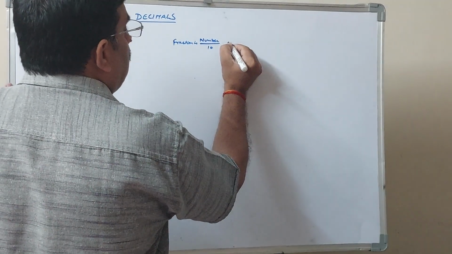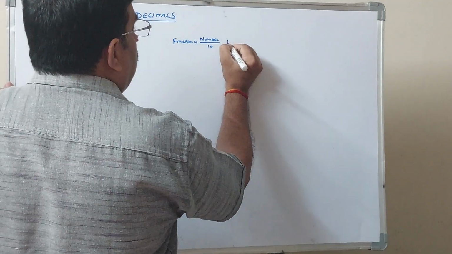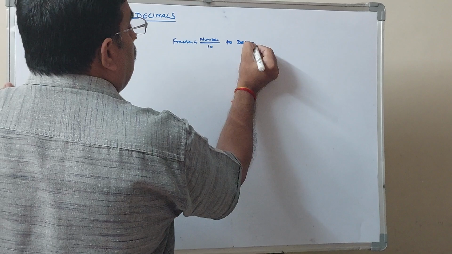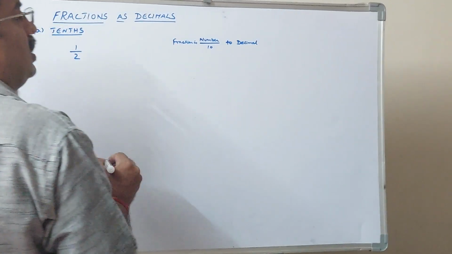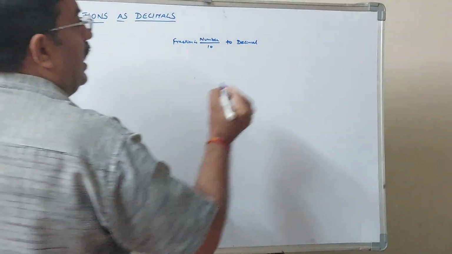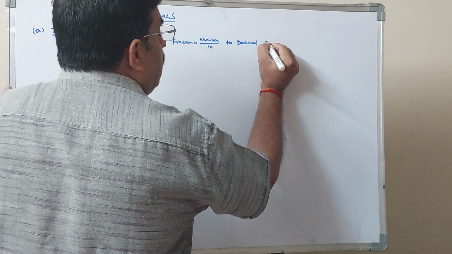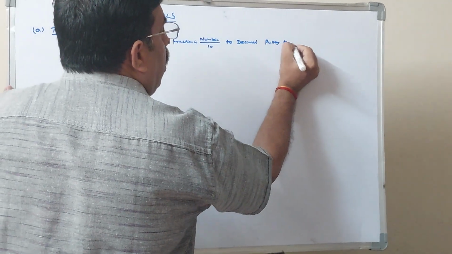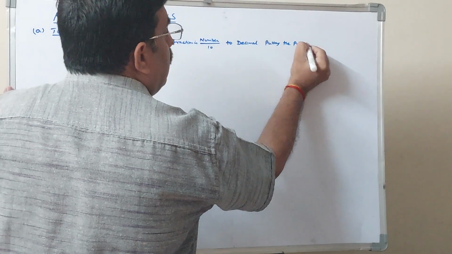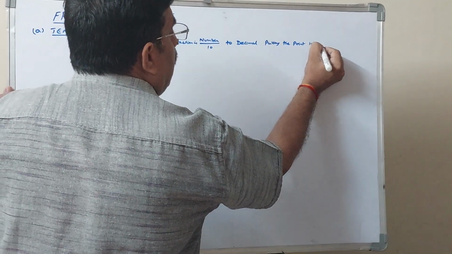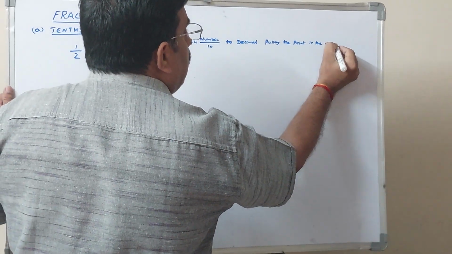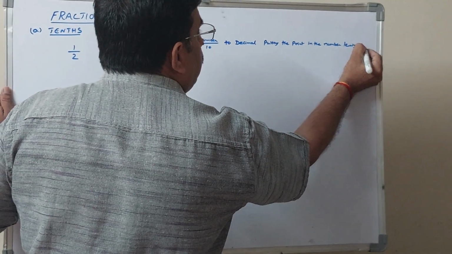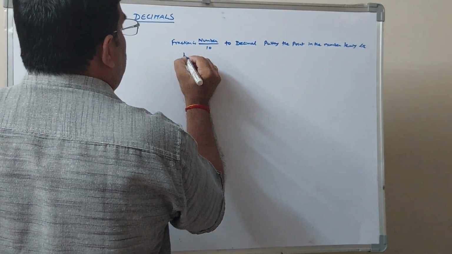By putting the point in the number, leaving the rightmost digit.